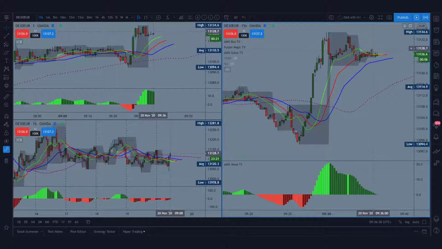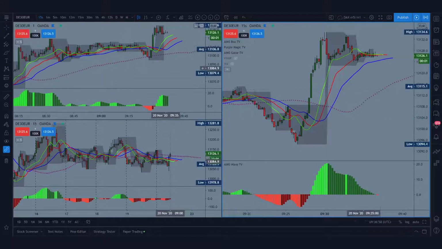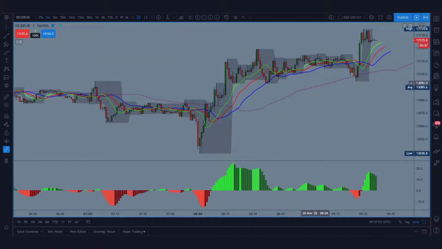Oftentimes I can take the high of this as well. But again, if you translate this pattern on fractal geometric different levels, we're interested in catching these. And we want to time this move, we want to catch it somewhere around this. So going back to that initial thought, the reason why I started this.